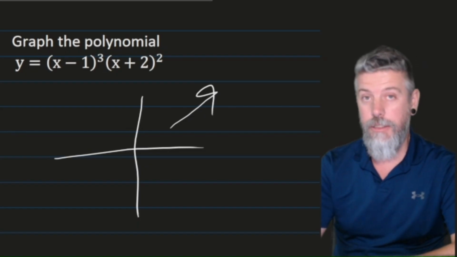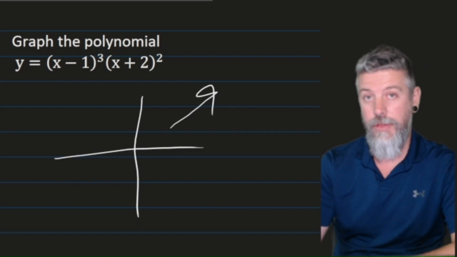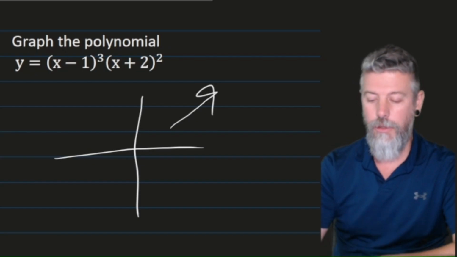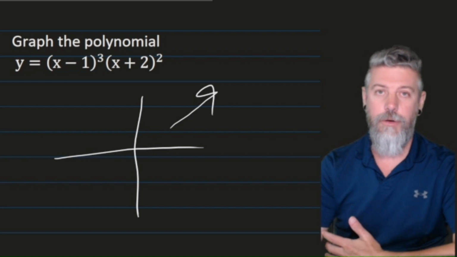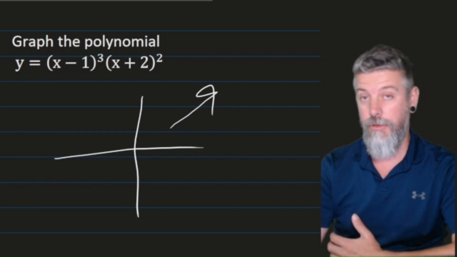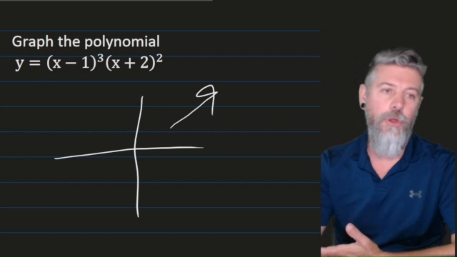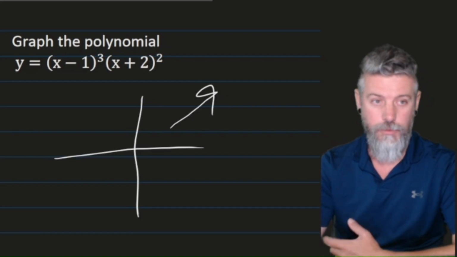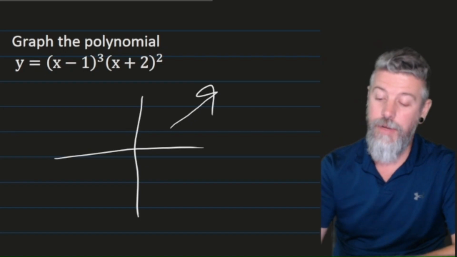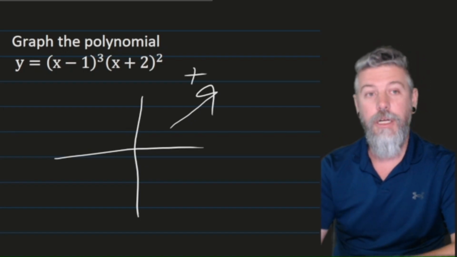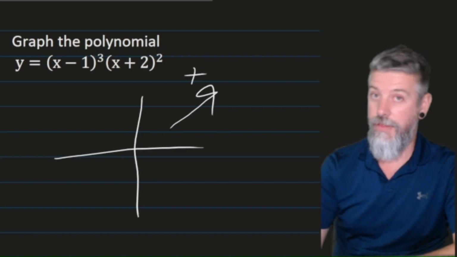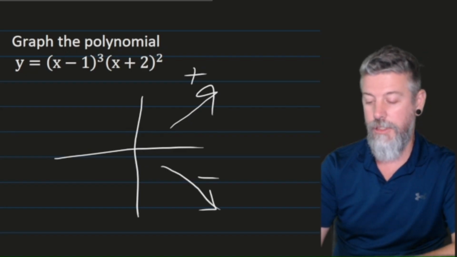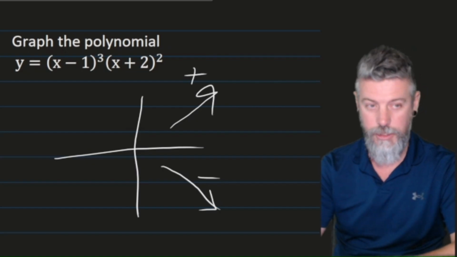Now this makes sense because the leading term has the highest power on it, and so say if it's degree 4, x to the 4, so any number raised to the power of 4, as that number gets bigger, it's going to get much bigger, and therefore the whole polynomial is going to be becoming very positive and moving up to the right. So we see if we have a positive leading coefficient, it's going to go up in this direction. Therefore, if we had a negative leading coefficient, we would expect the polynomial to go down in this direction.